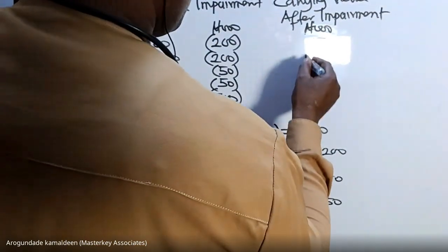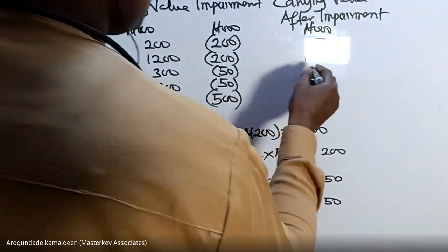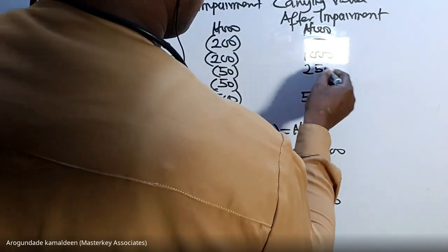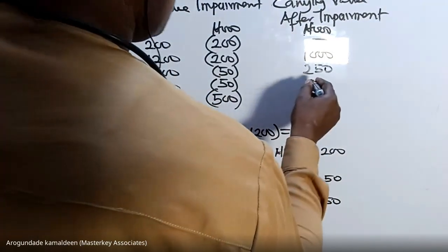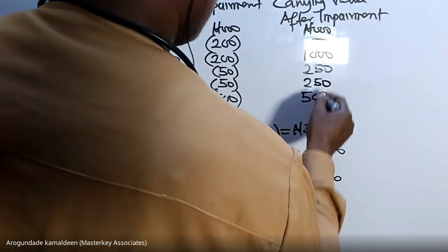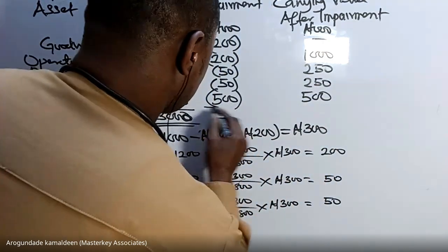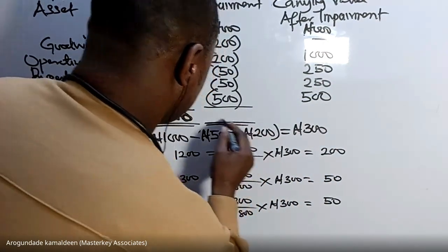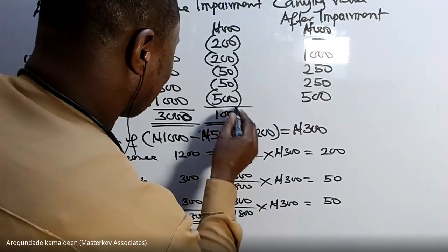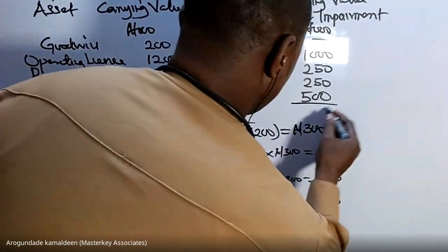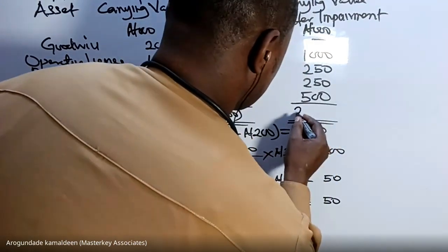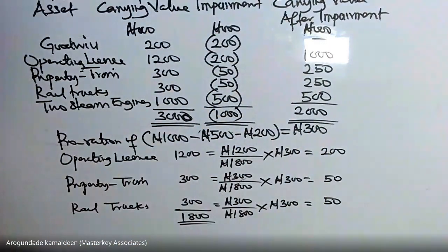Here you have 1 million. Here you have 250. Here you have again 250. So the total value impaired here is 1 million. Here you have 2 million.